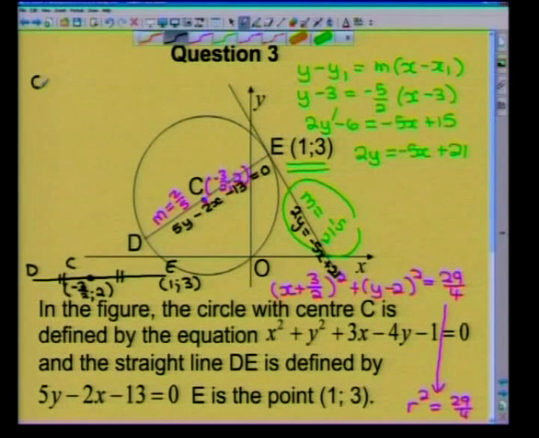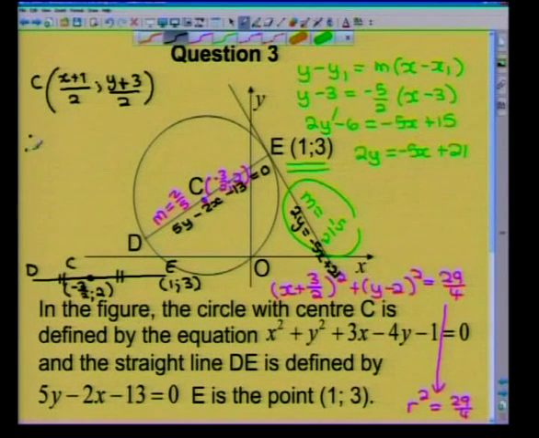Because we know C's coordinate, and we would find it by taking the x of D, which we don't know, and adding it to the x of E, which we do know, dividing by 2. And then we would take the y of D, which we don't know, adding it to the y of E, which would be 3, dividing by 2. And we know that the answer we get must be this.